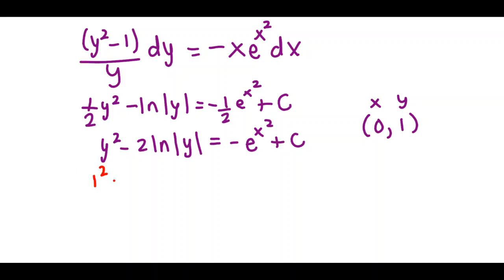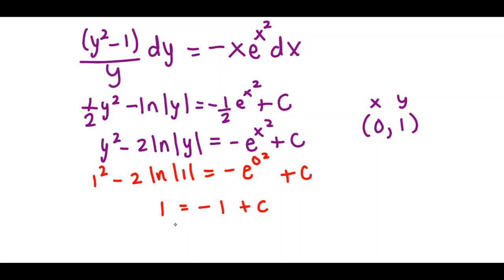So 1 squared minus 2 times natural log absolute value 1 equals negative e to the 0 squared plus c. This whole thing here is 1 equals negative e to the 0, which is negative 1, plus c. Add 1 and we get 2 equals c.